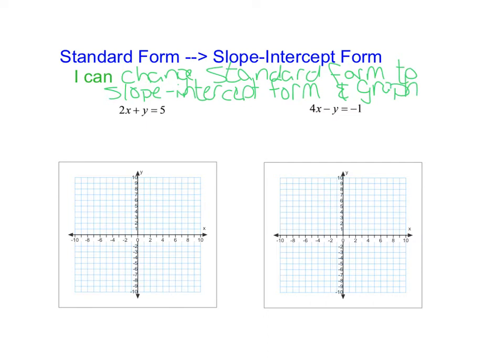Okay? So, if you'll notice right here, we have 2x plus y equals 5.